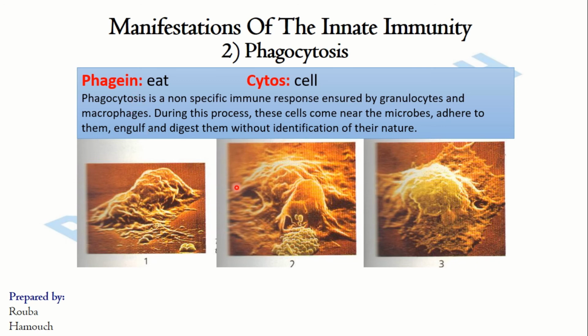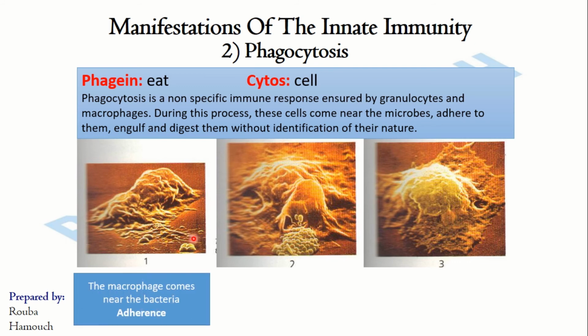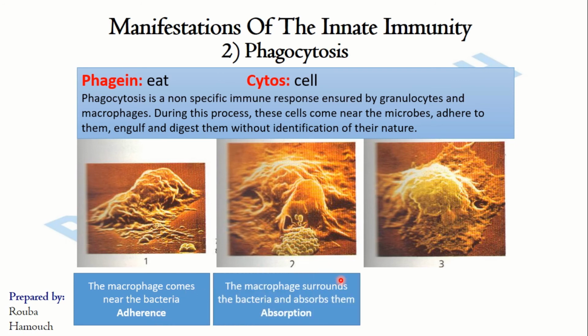As we can see in the first figure, the macrophage approaches the bacteria. It comes near the bacteria. It's the first step of phagocytosis, called adherence. Now, the second step is absorption.